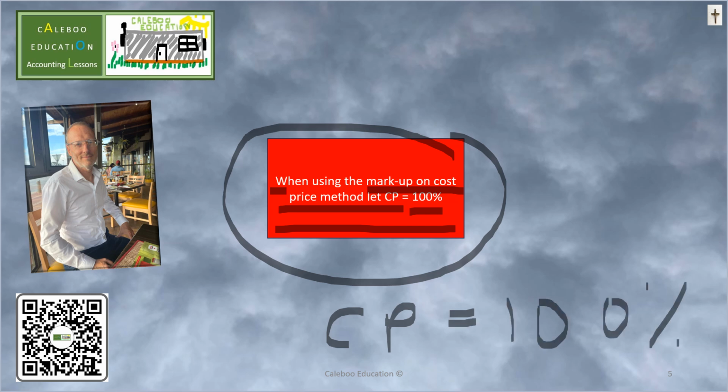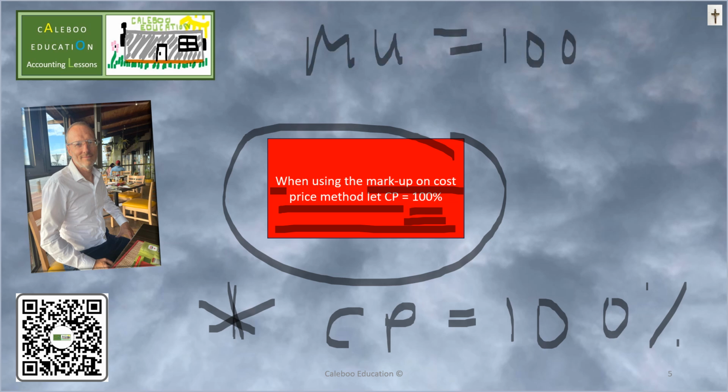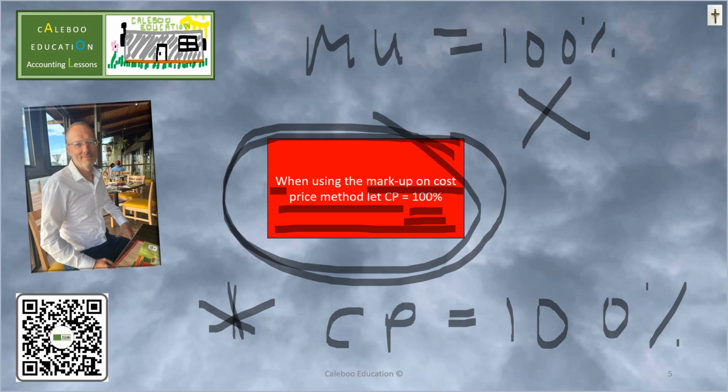I thought I'd just clear that up, because sometimes I'm thinking far ahead while I'm speaking. So I said markup equals 100% by mistake. When we use this method, cost price is equal to 100%. Okay, let's go and do some calculations.